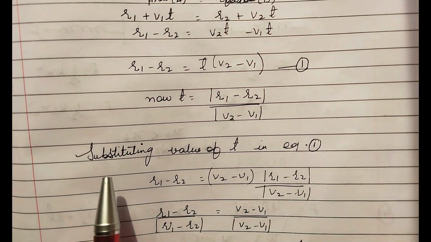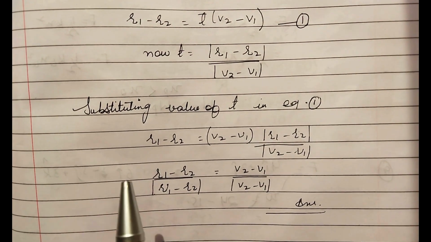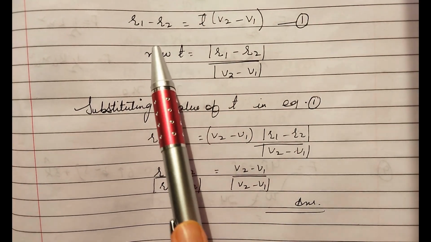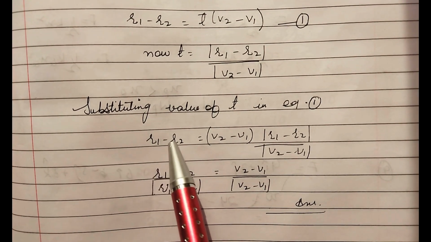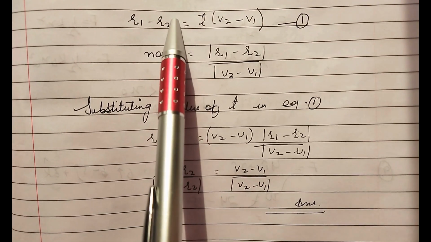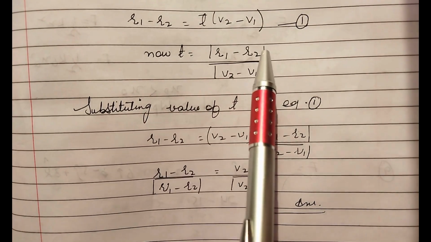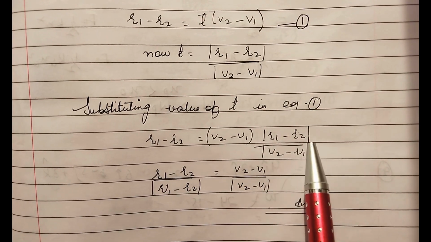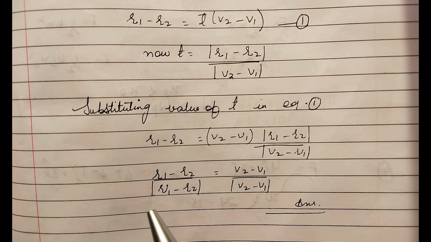Now coming back to equation 1, we're going to substitute the value of t in equation 1. So r1 minus r2 is going to be equal to v2 minus v1 multiplied by t, and we know the value of t, that is this. So we substitute in this value along with the modulus, because we cannot divide vectors, we can divide their magnitudes.